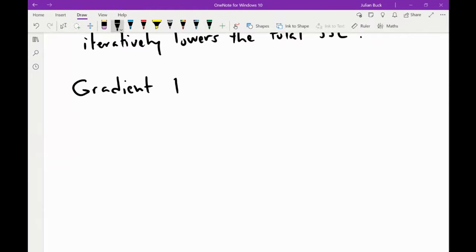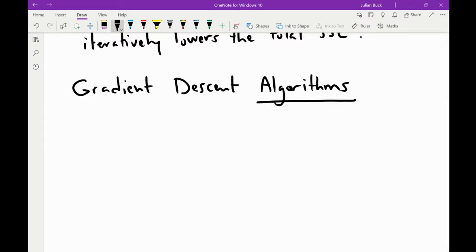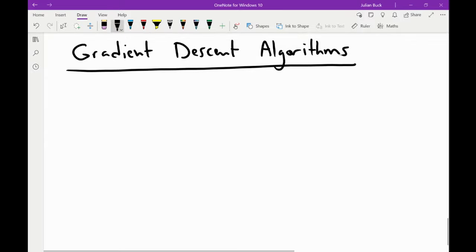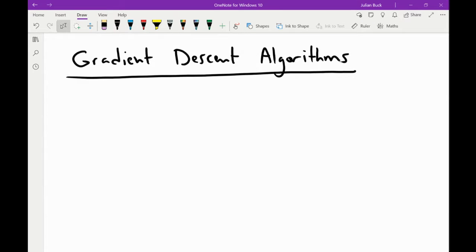What we just described motivates this by giving an example of one. So here's how the gradient descent process is implemented in a machine learning algorithm.